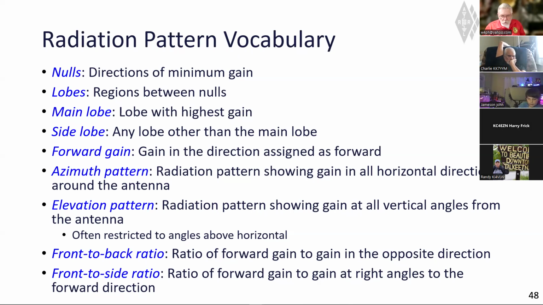Azimuth pattern, radiation pattern showing gain in all horizontal directions around the antenna. Elevation pattern, radiation patterns showing gain at all vertical angles from the antenna, often restricted to angles above the horizontal, mainly because we don't radiate under the ground.